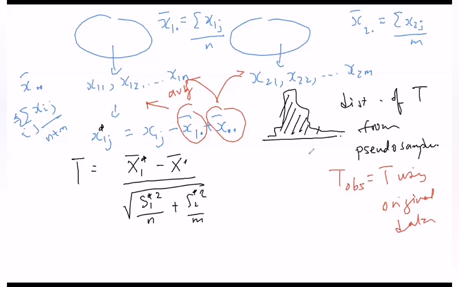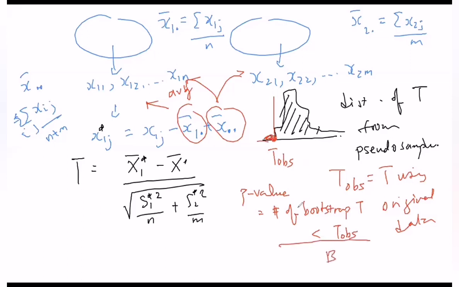Suppose you get it somewhere here. This is your TOBS. Your p-value would be the number of bootstrapped t values that are below TOBS, more extreme than it, divided by b, where b is the number of iterations.